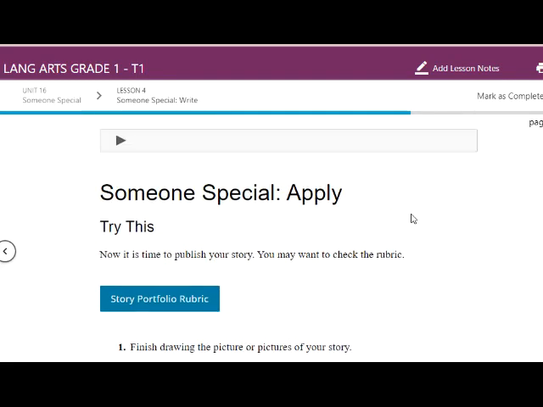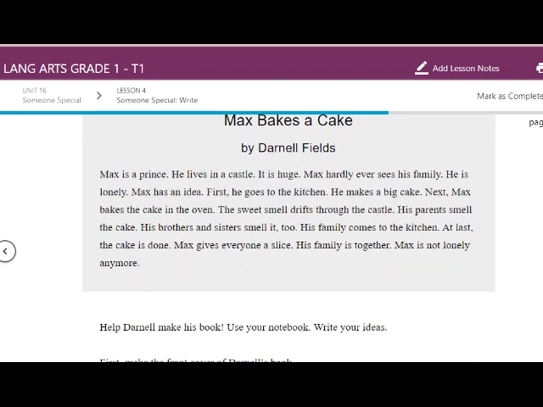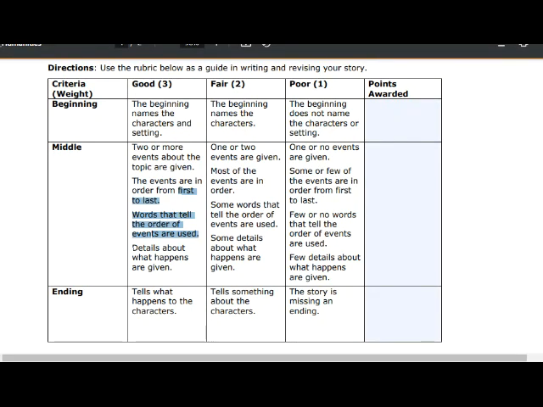So let's look at Darnell's story. He did that, right? I saw a lot of good transition words. I saw the word first, I saw the word next, and I even saw the word at last. All of these good transition words help us know when things are happening and the correct order. We also need to make sure we have details about what happens. And the ending should tell us what happens to the characters as well.